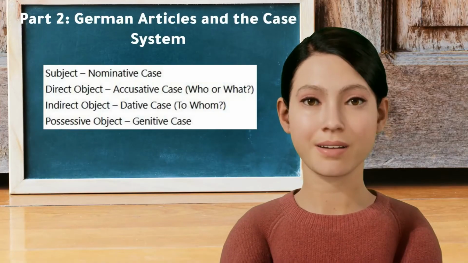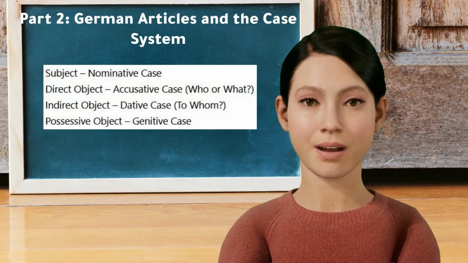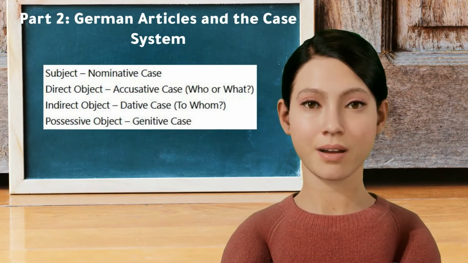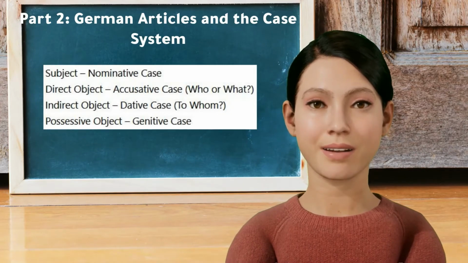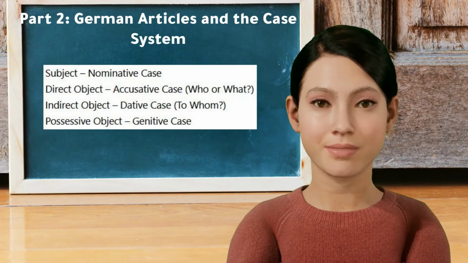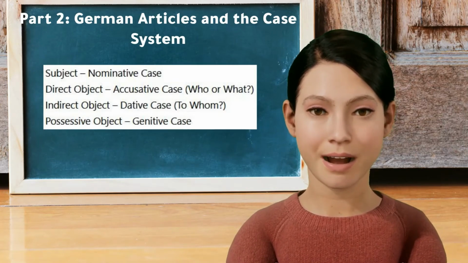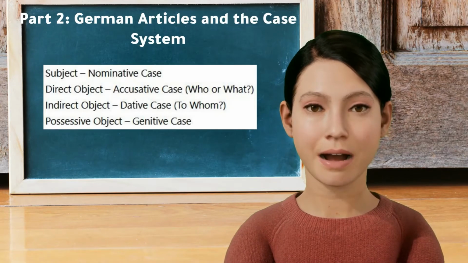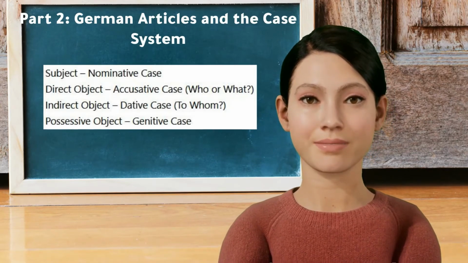Part 2. German articles and the case system. After determining which gender a noun has, you'll need to know the case. German uses a case system to determine which ending to add to an article. The word's case depends on its role in a sentence as either a subject, direct object, indirect object, or possessive object.